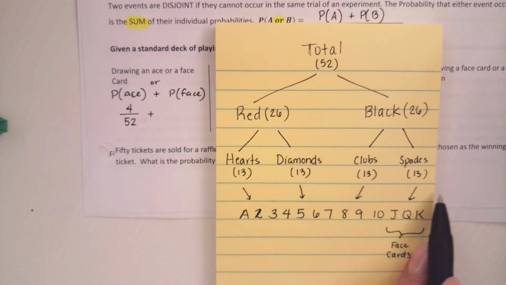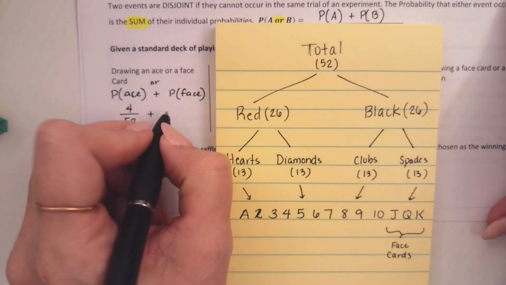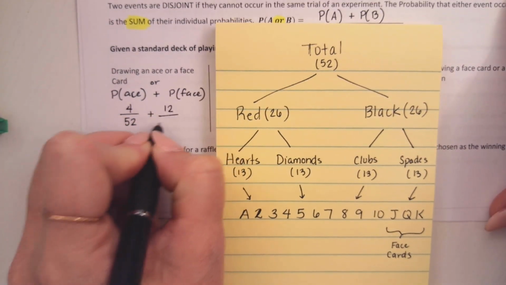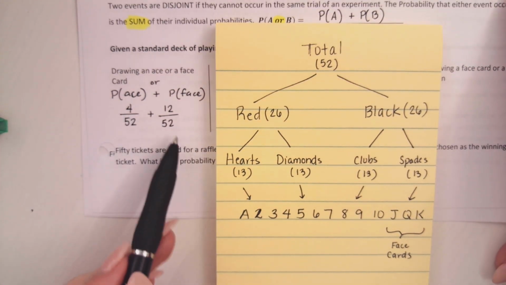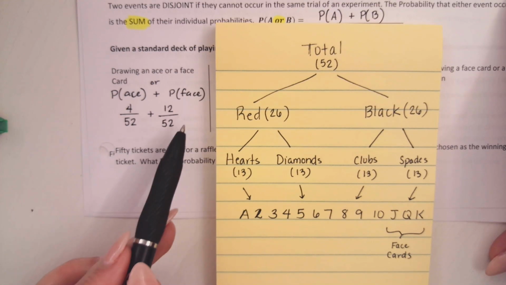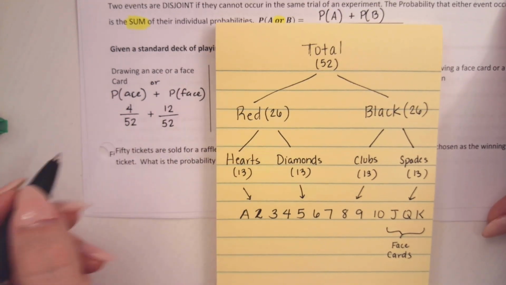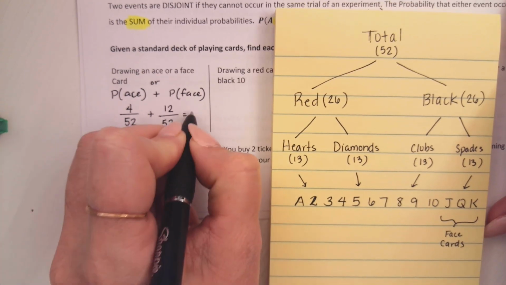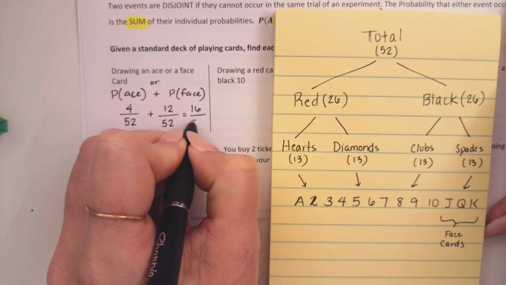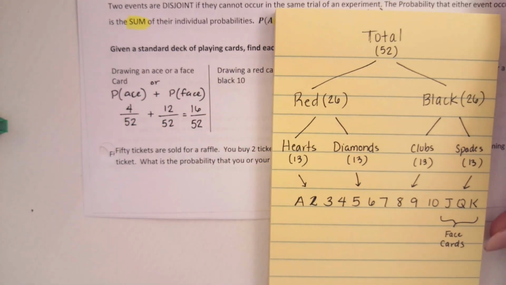So how many total? 12. Yeah, 12 face cards out of 52 total. These don't overlap at all. So again, we can add those pretty easily. Remember, when you're adding fractions, you just add the numerator. You keep the denominator the same. 16 out of 52. That does actually reduce. Both of those are divisible by 4.